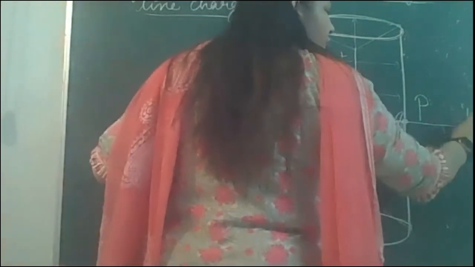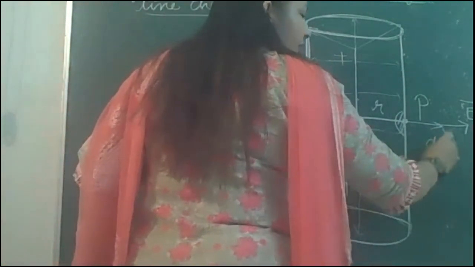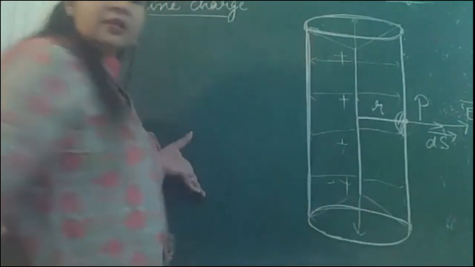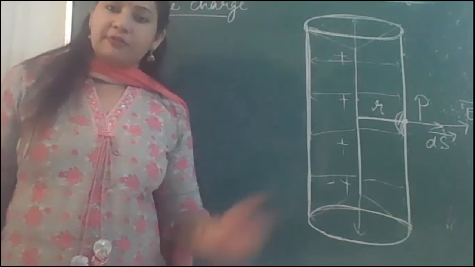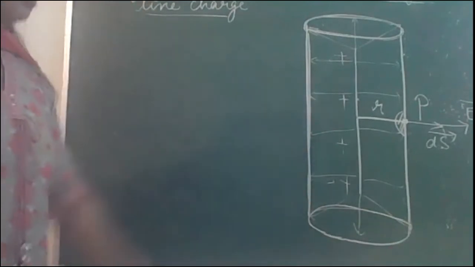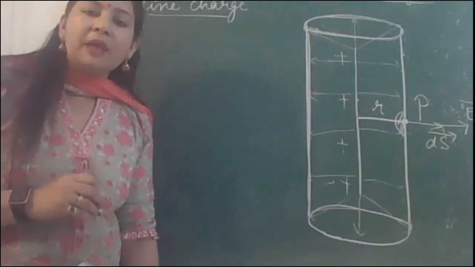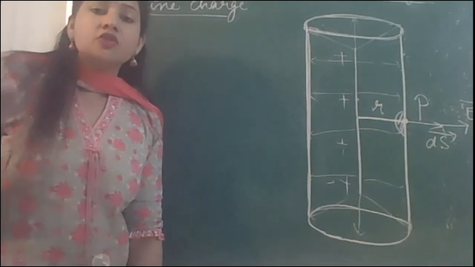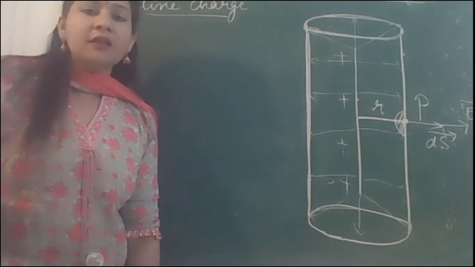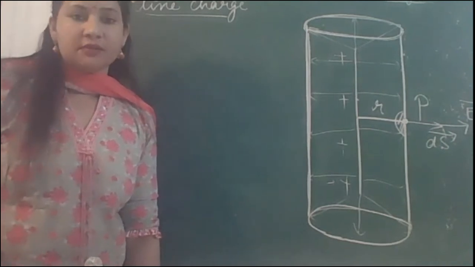By definition, electric field is perpendicular to this Gaussian surface, and the area vector is also perpendicular to the element, always. We know the area vector is always normal to a point on the surface. I also told you that whenever we apply Gauss's theorem, E and ds will be in the same direction, so the angle between them is 0 degrees, and we have the simplest of calculations.